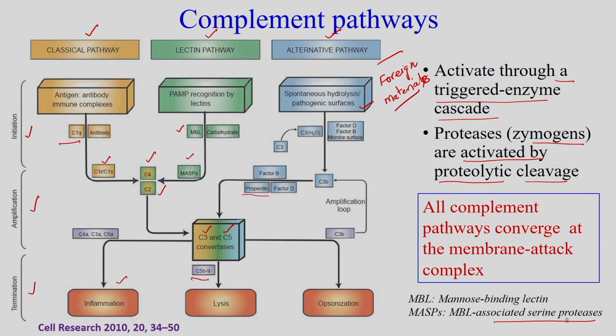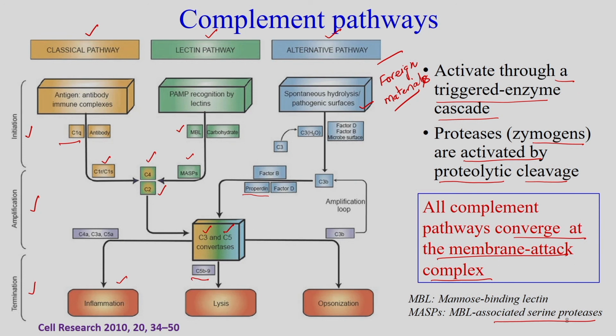Ultimately all three pathways end up with inflammation, lysis and opsonization, and all the complement pathways converge at the membrane attack complex.